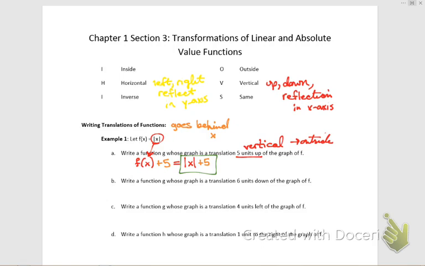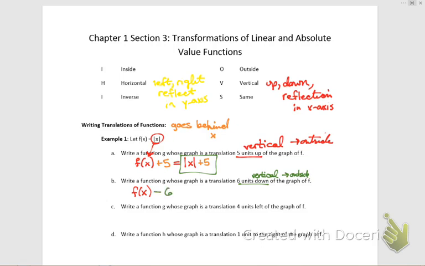Okay, if I'm moving down, 6 units down, that's vertical also. So vertical, which means it goes outside again. Okay, and it's going to go outside of the absolute value of x. So I'm taking f of x, and I'm moving it down 6. So because it's going down, it's going to be minus 6, just like you would expect.